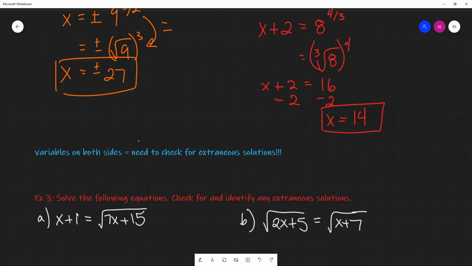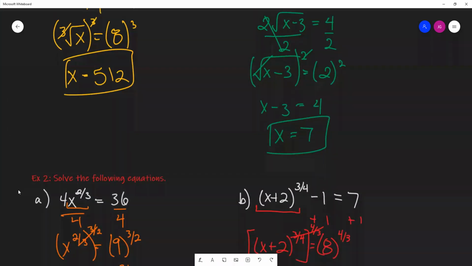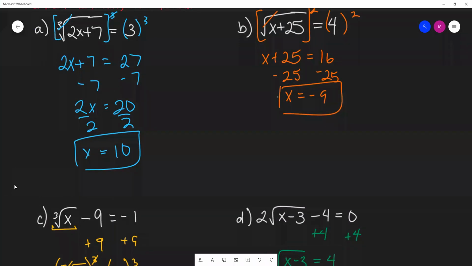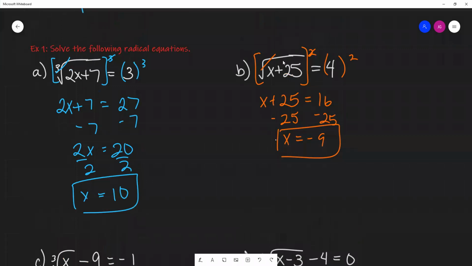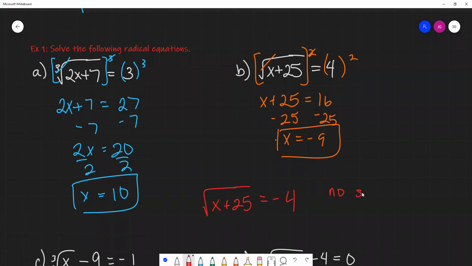If I think back to B from example 1 here, if this equation said square root of x plus 25 is equal to -4, and I asked you to solve this, this would actually be no solution. Maybe take a look at this and think why. Because I would just square both sides.